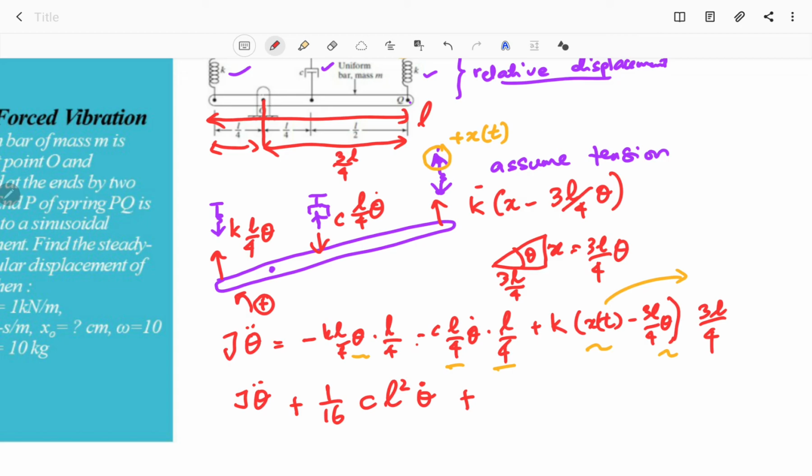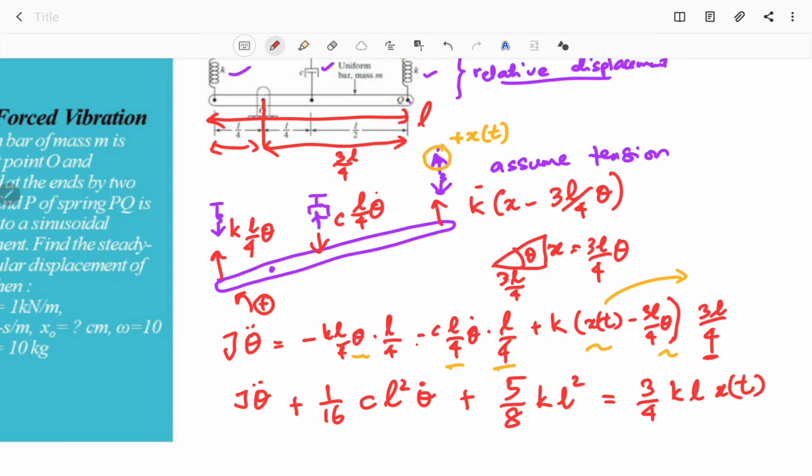So you have 3L and L, and don't forget to times this term over here. It's a bit confusing, but if you do that, you should get 5 over 8 KL square. And it equals, leaving the xt term because it's the input to the system, just 3 over 4 KL xt.